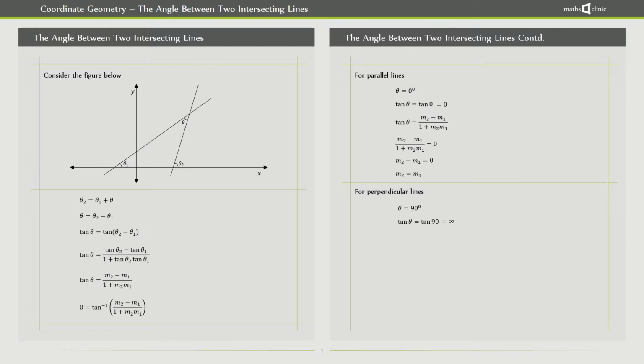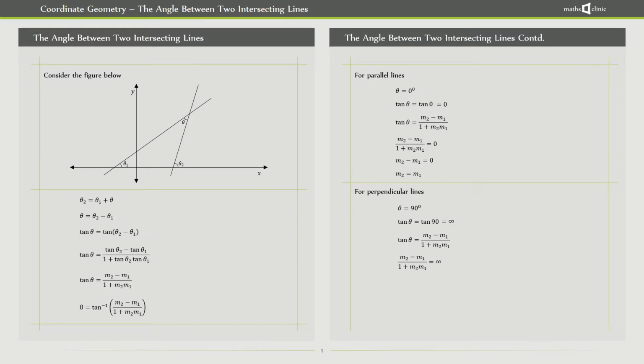If you put tan 90 in your calculator, it will give you an error, because tan 90 is infinity. So how do we apply this to what we've been talking about? Now we have tan theta equals (m2 - m1) divided by (1 + m2 m1), and for 90 degrees, we have this as infinity.